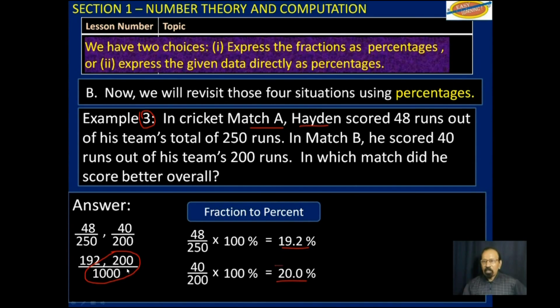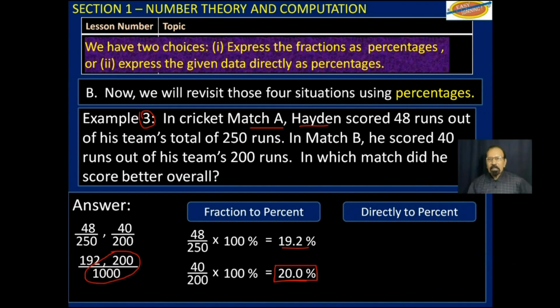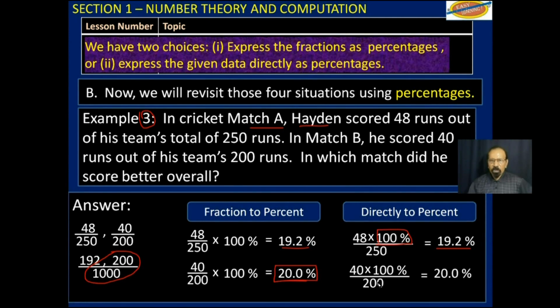Now, this percentage way, carrying the fraction to percent, or going directly to percent, 48 multiplied by 100%. Remember, this is standard. It is always 100%. Over the larger number, which is 250, and that works out to 19.2. And then 40 multiplied by 100 over 200, and that works out to 20%.